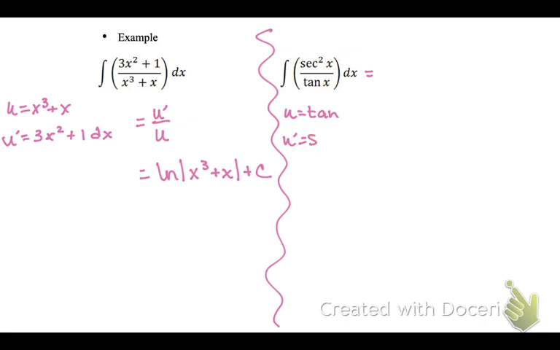Okay, so what's my answer then? Well, it's just natural log, absolute value of tangent of x. And the trig ones, we always try to make them harder too, because they're like, where did it go? Well, it didn't go anywhere. That's the rule, isn't it?